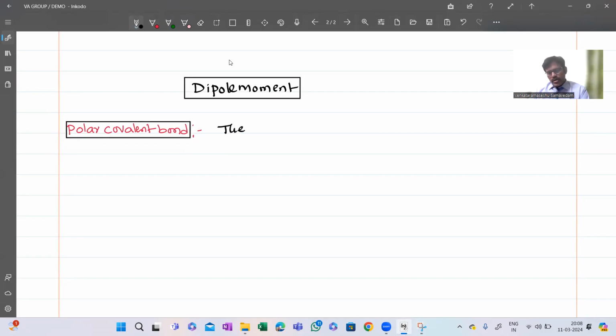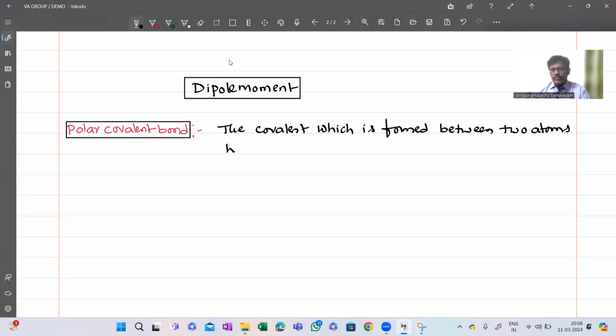The covalent bond which is formed between two atoms having different electronegativities.